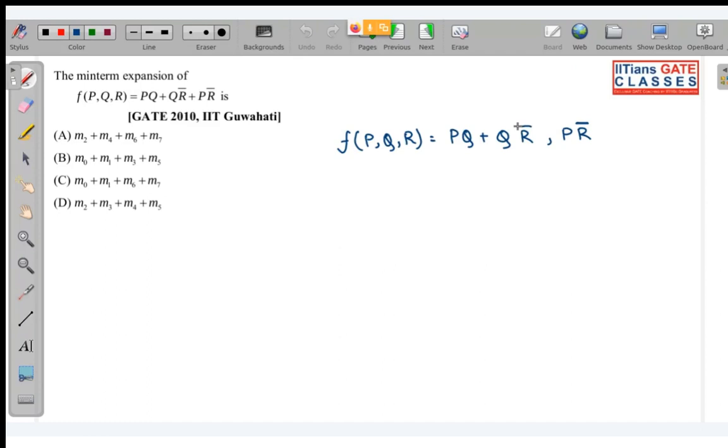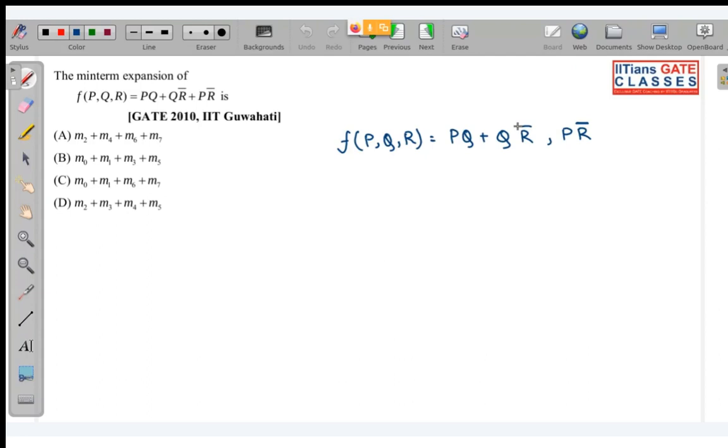See, for getting the midterm, you require the standard SOP, or for even getting max term number, you require standard SOP. But here you can see the midterm given is not in its standard form. Any answers?